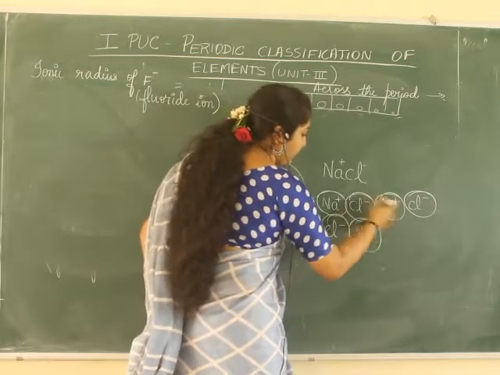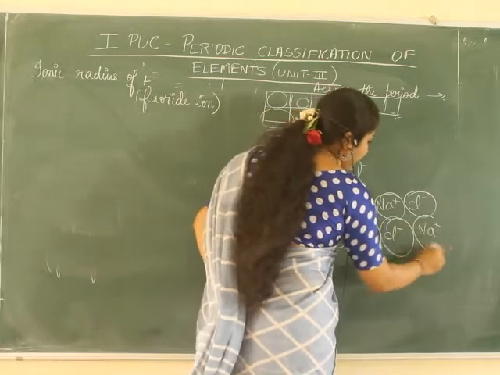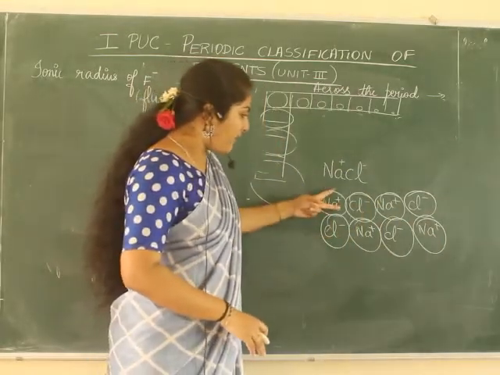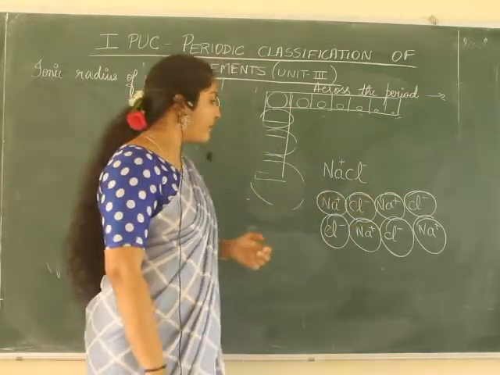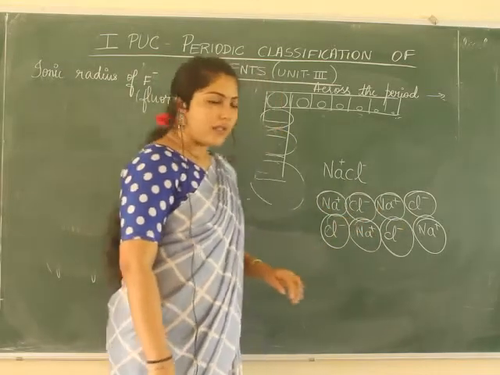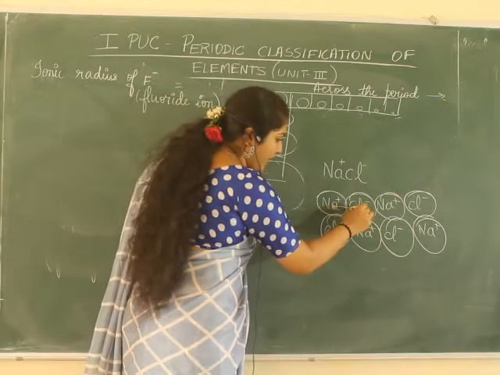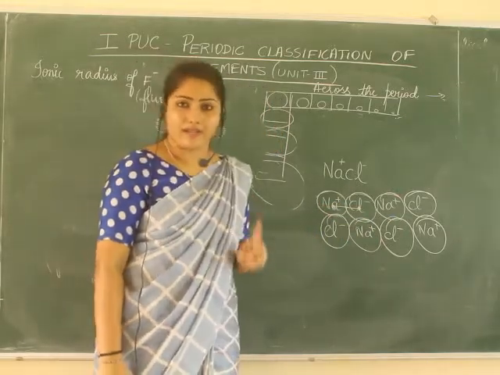If you observe its structure, it will be this way. One Na plus, next will be Cl minus, Na plus, Cl minus. It continues. See, Na plus alternate Cl minus, that way. Here it is made up of anion and cation. So the distance between the positively charged ion and the negatively charged ion, now you call as ionic radius.